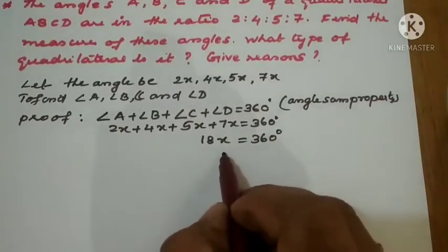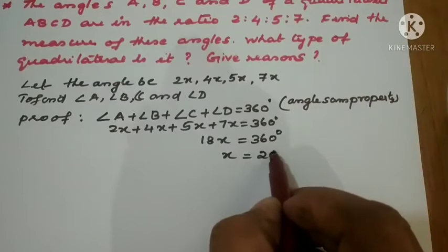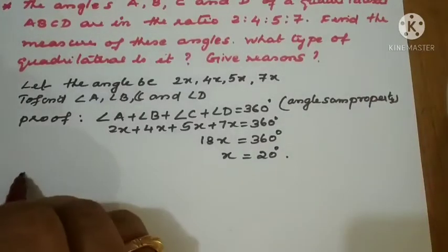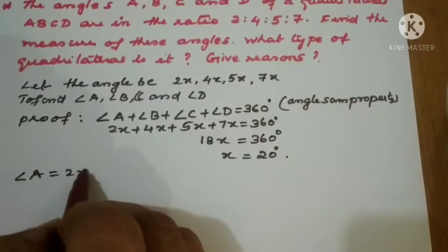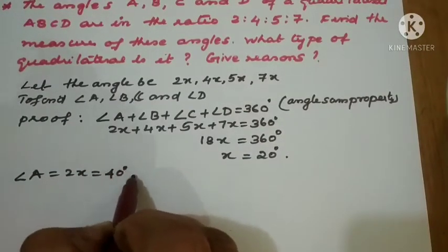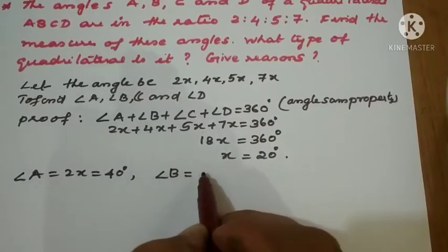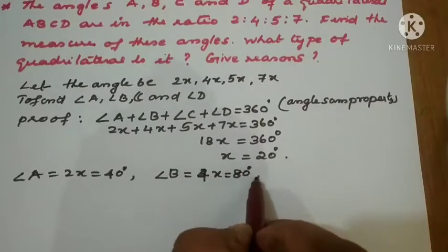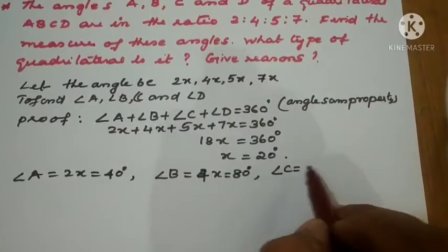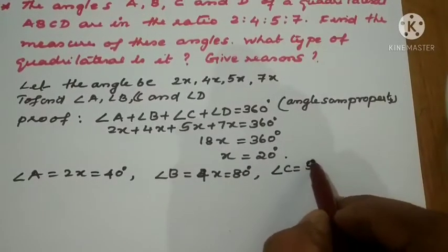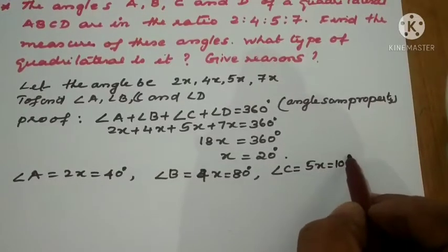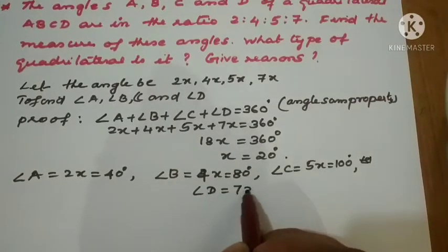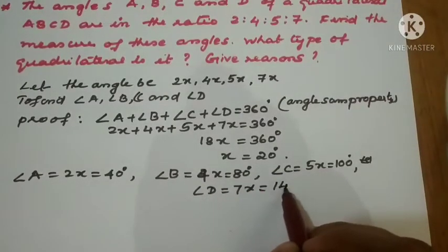So what is x now? x equal to 20 degrees. Now we have to find each angle. Therefore, angle A equal to 2x equal to 40 degrees. Angle B equal to 4x equal to 80 degrees. Angle C equal to 5x equal to 100 degrees. Angle D equal to 7x equal to 140 degrees.